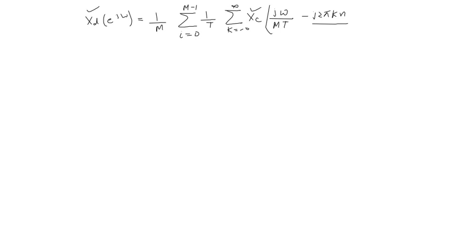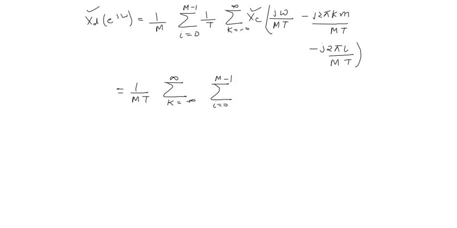So now it will be k times M upon MT minus j times 2 pi I upon MT. Now I'll take 1 upon T outside, so on the outside it will be 1 upon MT, summation k equals minus infinity to plus infinity, and the second limit I equals 0 to M minus 1, of xc of j omega minus 2 pi I upon MT, and minus j 2 pi I upon T. Let's call it equation number 2.